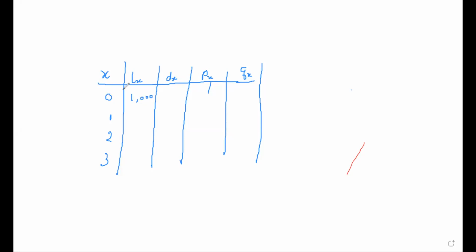At age 0, there are 1,000 of them. So by the following year, when they are now age 1, some may have died, once dx here is, or qx here is, not 0. So let me take dx to be 20.